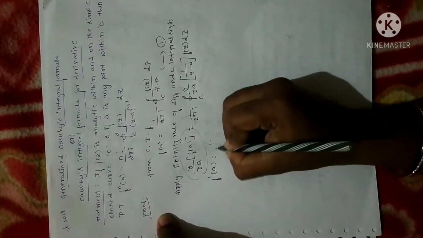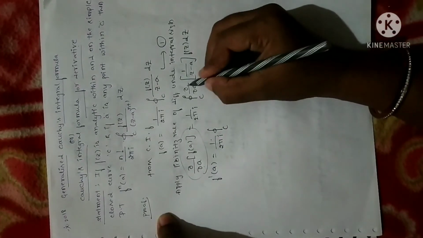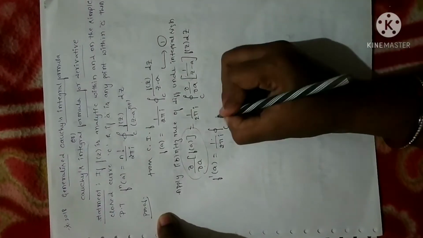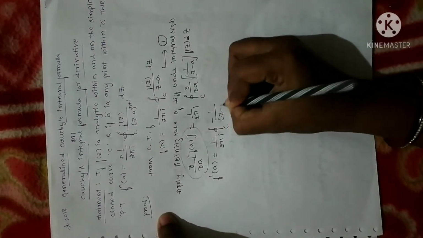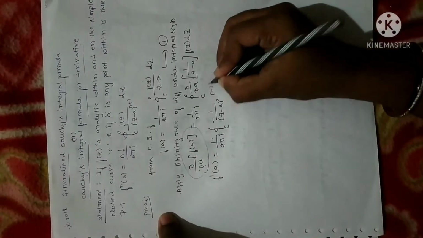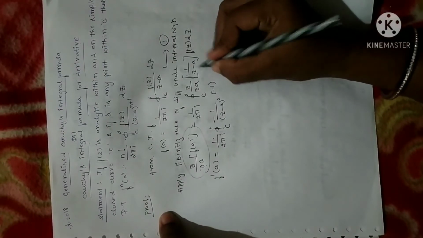F dash of a is equal to 1 by 2 pi i closed integral C. Now we know that differentiation of 1 by x is minus 1 by x square. So it is of the form 1 by x. I can write this as minus 1 divided by z minus a whole square. Further, differentiation of minus a with respect to a is minus 1, like differentiation of minus x with respect to x is minus 1, right?